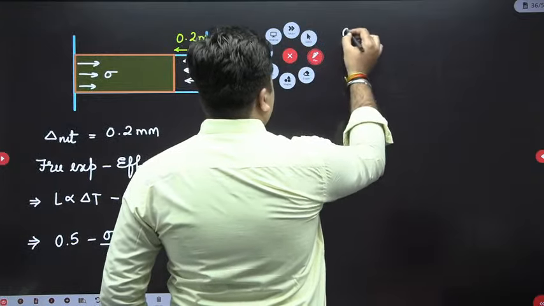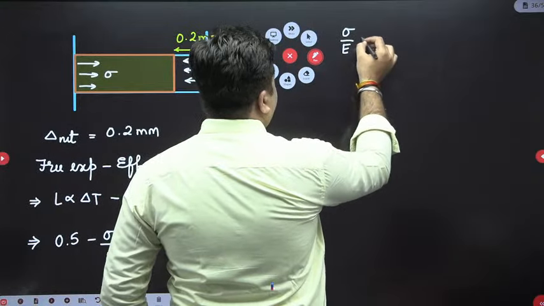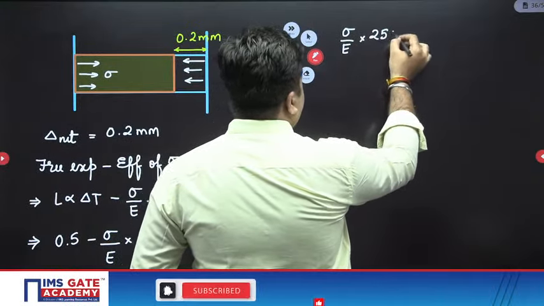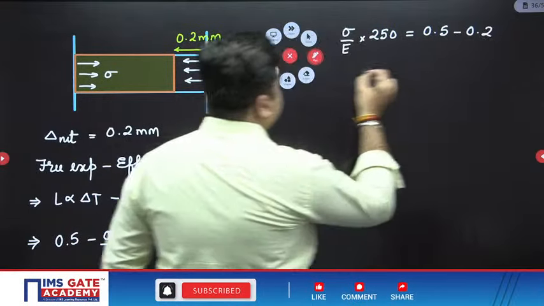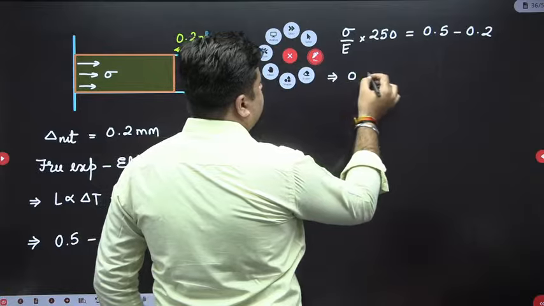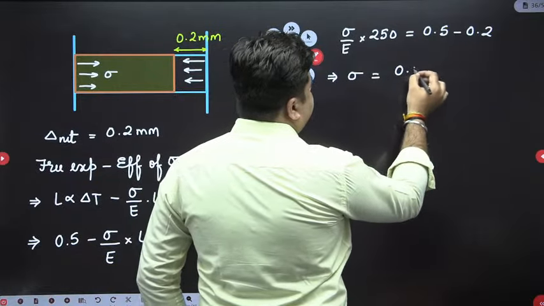So sigma by E into L, where L is 250, is equal to 0.5 minus 0.2. So sigma is equal to 0.3 into E.